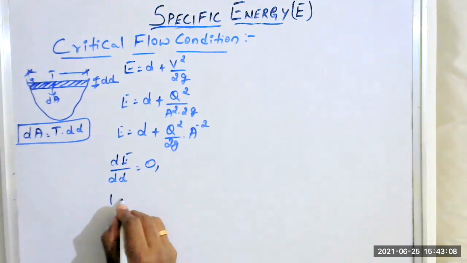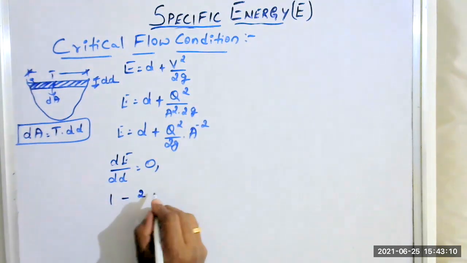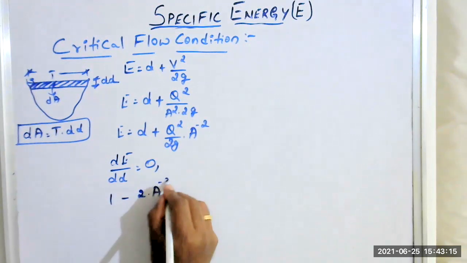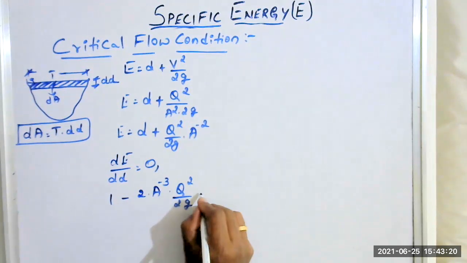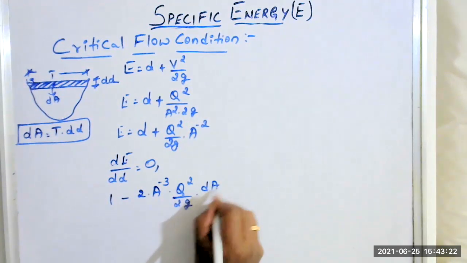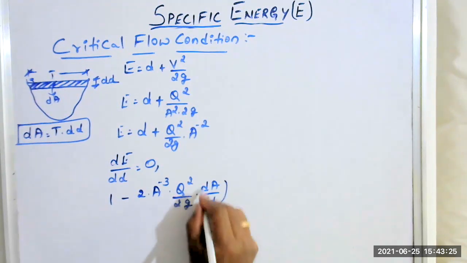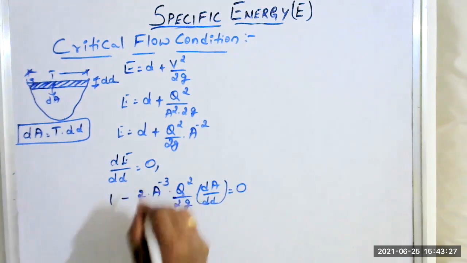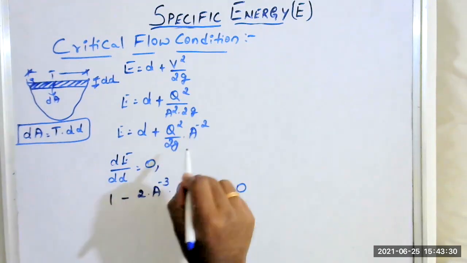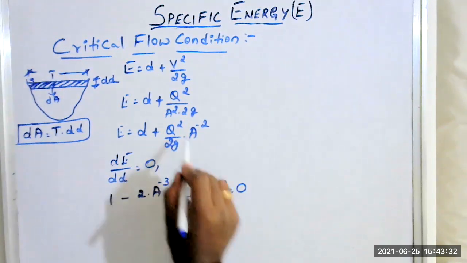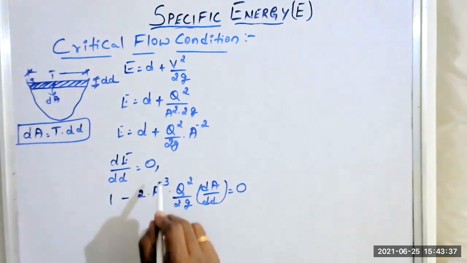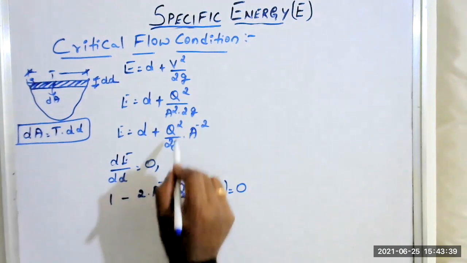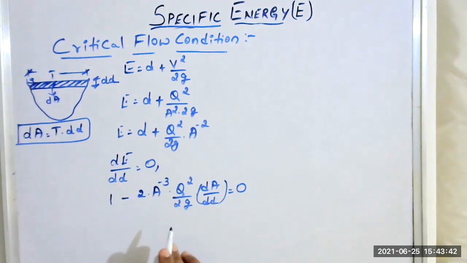It becomes minus 2 into a to the power of minus 3 into q square by 2g into dA by dd is equal to 0, because we are differentiating this area. Since area is depending on depth, this is the differentiation of this one. So a to the power of minus 2, differentiation is minus 2 into a to the power of minus 3 into dA by dd, and q square by 2g is constant.